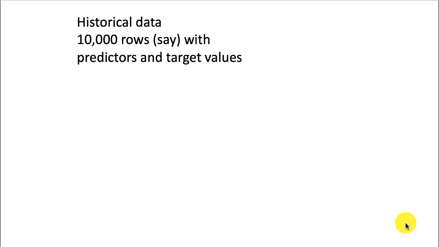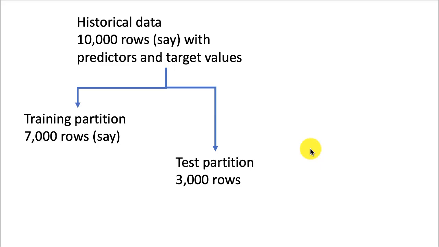So again, we just come back to our good old idea of historical data. Let's say we've got 10,000 rows. Of course, since it's historical data, we've got the values for all the predictor attributes and the target attribute. And as you already know, we are going to partition the data into a training partition and a test partition. A typical breakup between training and test is 70% in training and 30% in test, but you can vary it.